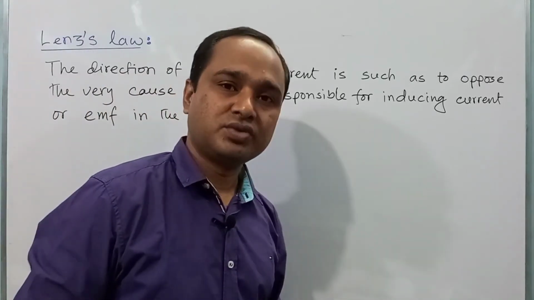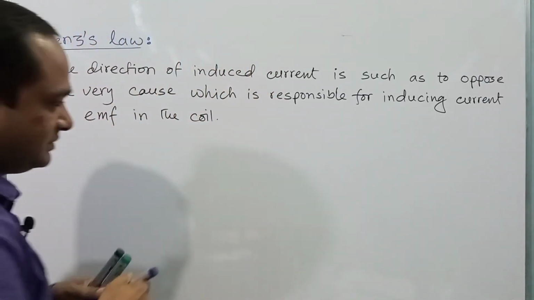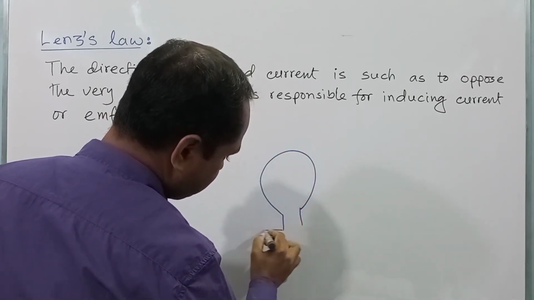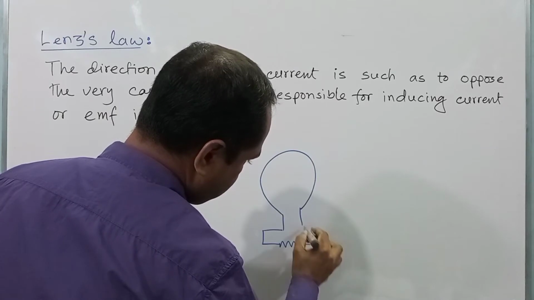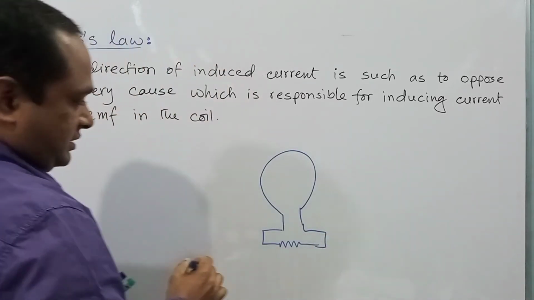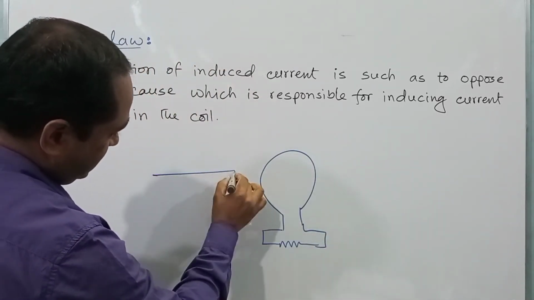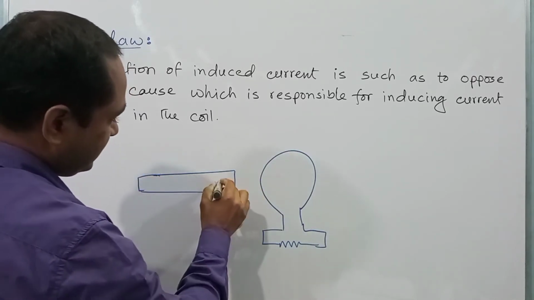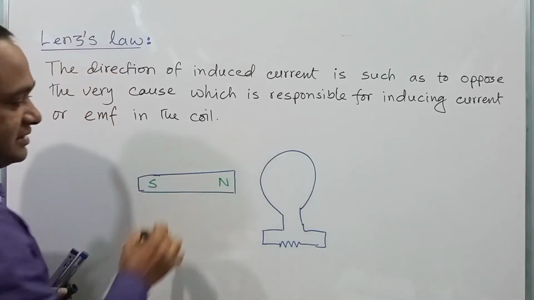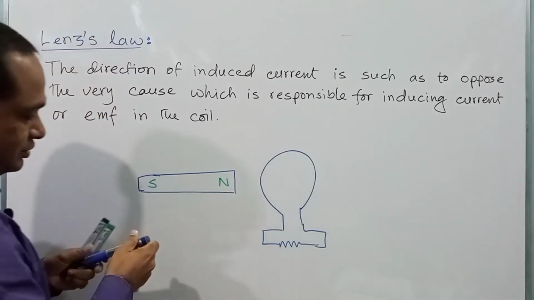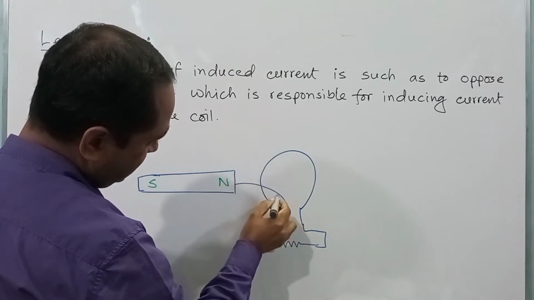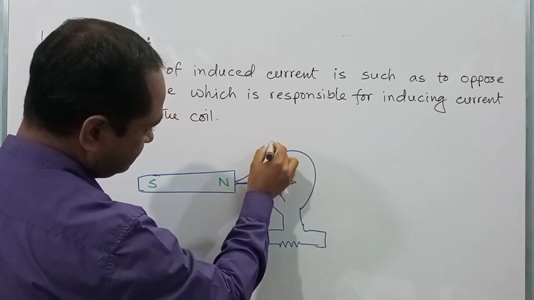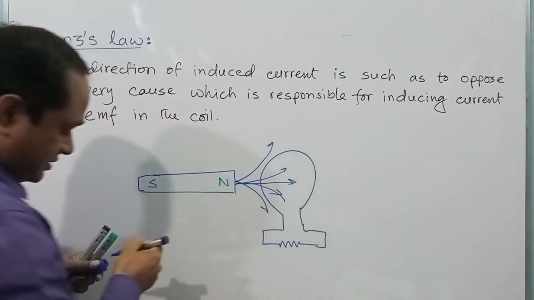Dear student, to realize it, we can consider, suppose there is a closed loop and here is a bar magnet. Suppose this is the north pole and this is the south pole. So, from the north pole, a huge number of magnetic lines of force will be emitted, right?